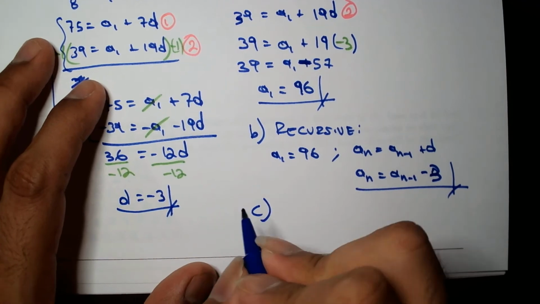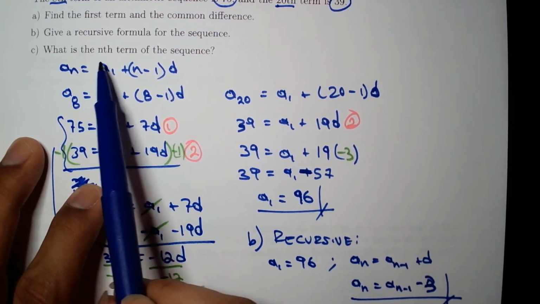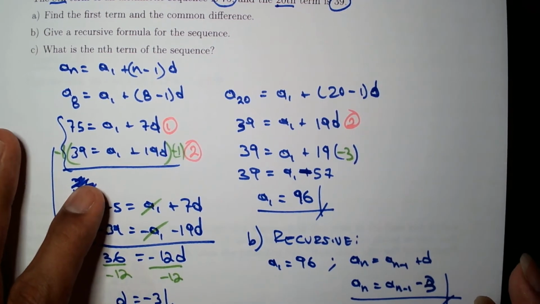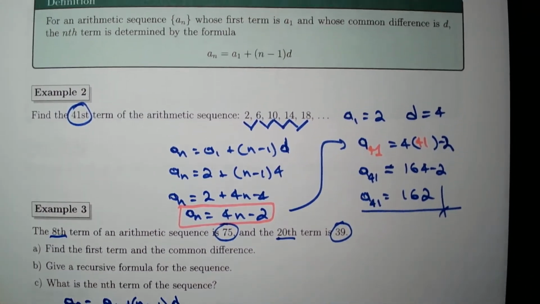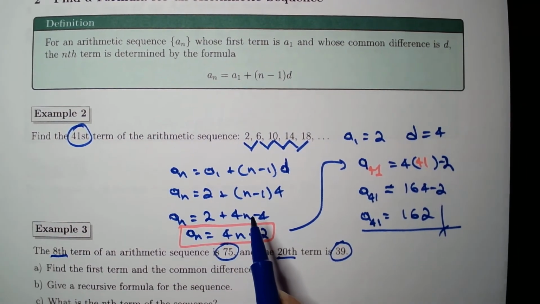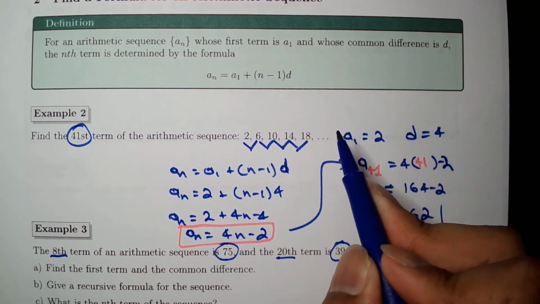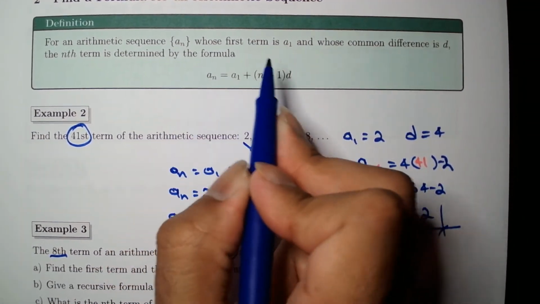Letter C, we want an expression for the nth term of the sequence. And for the nth term of the sequence, we are going to rely on this expression, just like we did over here with a sub 1 and d, which we already got. So let's use this model again.